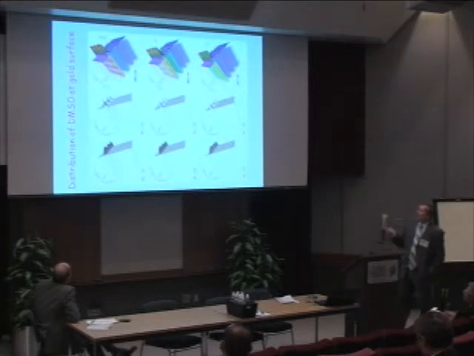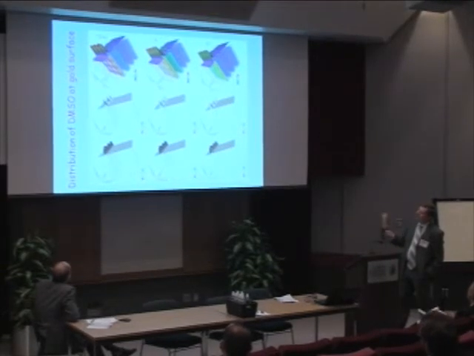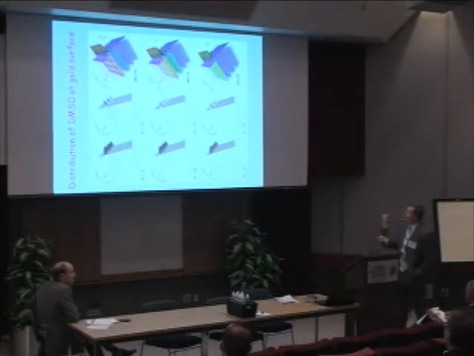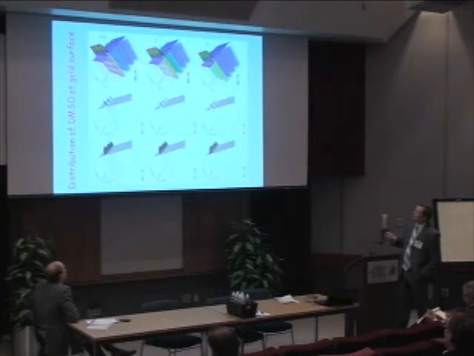Then, as a bonus, we also obtain a distribution of liquid with specific information for interaction sites near the surface. For example, this picture is a distribution of dimethyl sulfoxide at a gold surface. The gold surface is assumed to be flat here, and for each site we have a different probability to find the site near the surface.